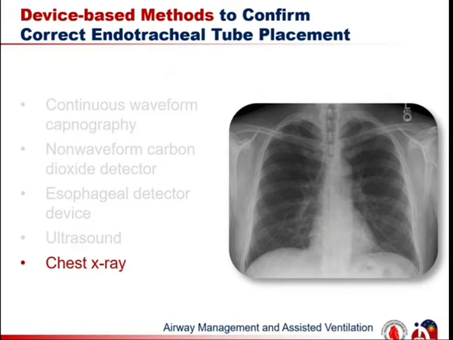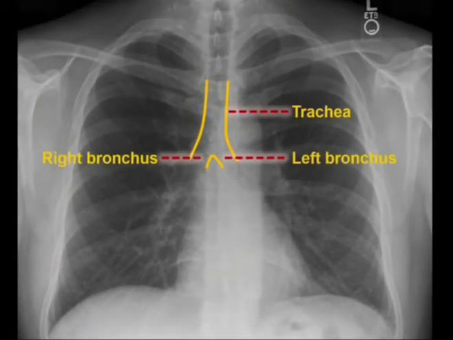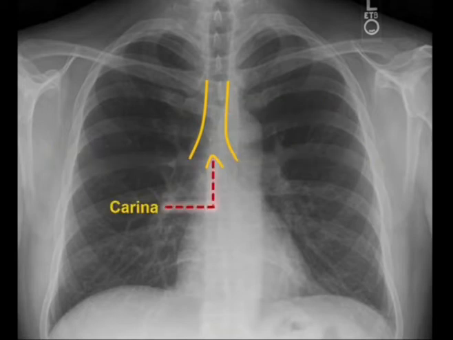Note that chest X-rays can verify correct vertical positioning of the endotracheal tube, but cannot distinguish between endotracheal and esophageal intubation. On the chest X-ray, you must visualize the trachea and right and left main bronchi, as well as the carina in the middle.